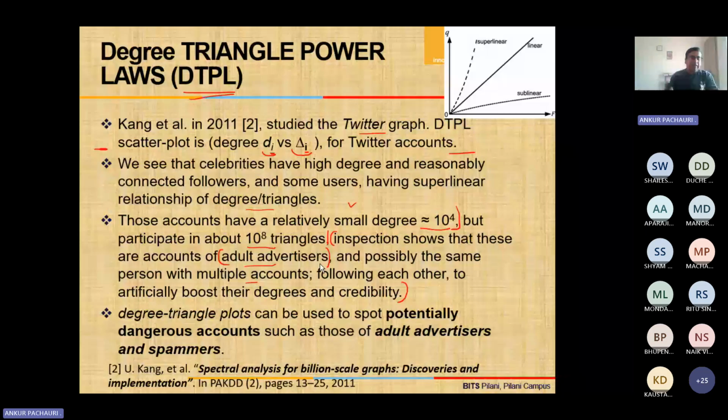So if you plot the call graph, there will be very few phone numbers whose outgoing calls are very high. Those are the telecallers, either human telecallers or IVR.